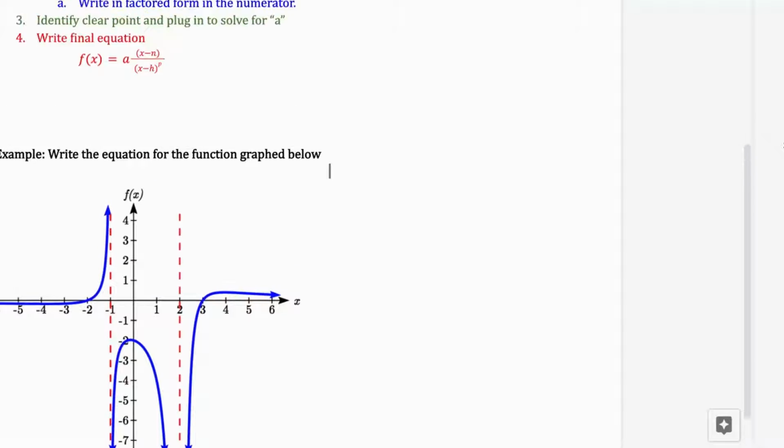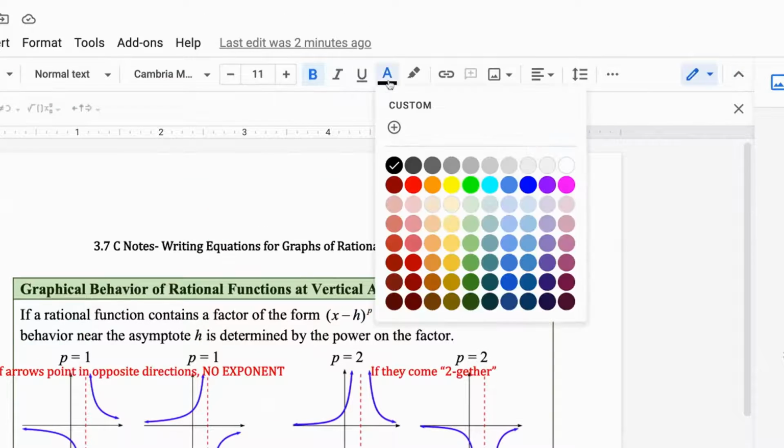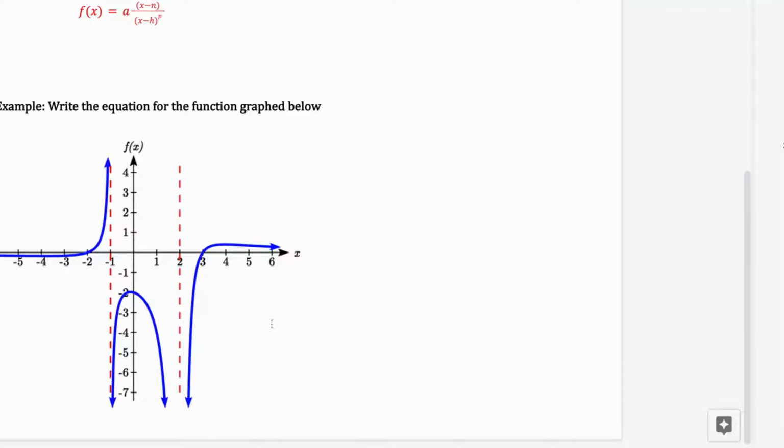So remember, step 1 was to identify the vertical asymptotes. I'm going to match the color purple. So my vertical asymptotes here are x equals -1 and x equals 2.